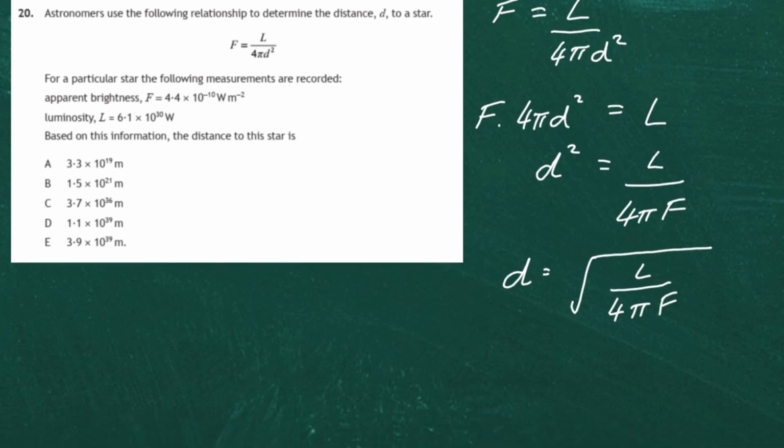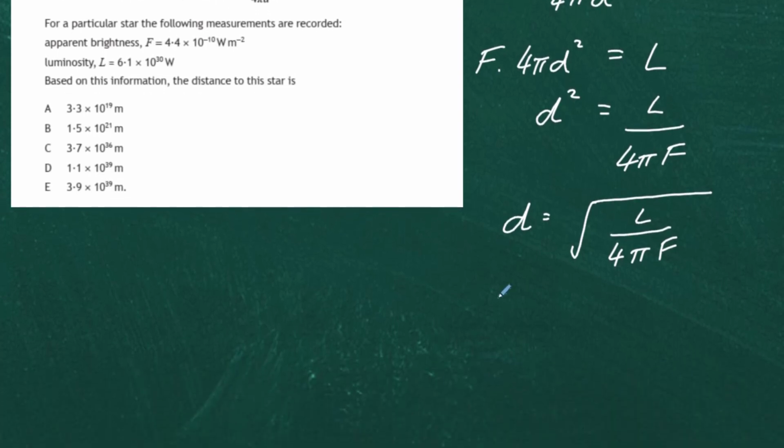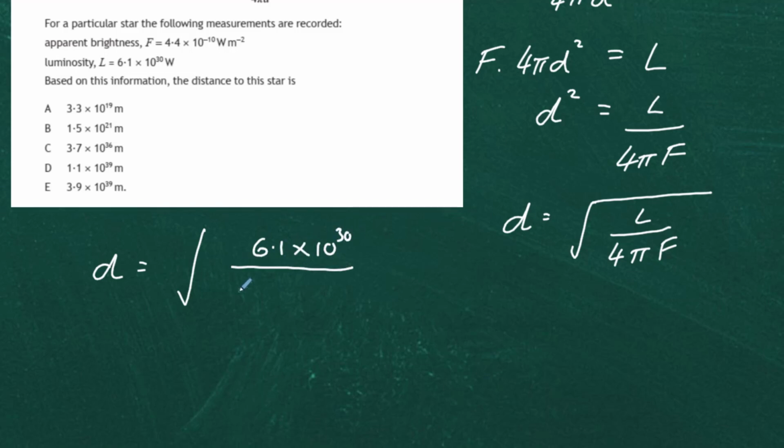So all we have to do is plug those numbers in. We know that d will be equal to the square root of, L is 6.1 times 10 to the power 30, divided by, and put a bracket down here, 4 times pi times F, and F is 4.4 times 10 to the minus 10. Don't forget to take the complete square root of all that.